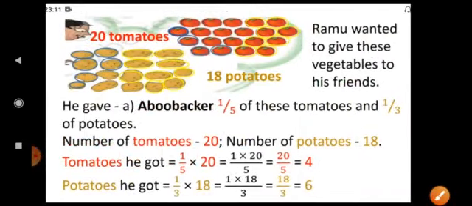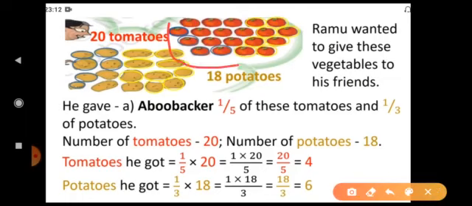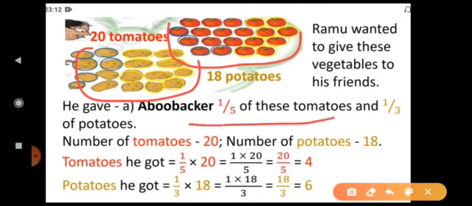Now Ramu wanted to give these vegetables to his friends. Here let us count how many tomatoes are there in the picture. There are a total of 20 tomatoes and a total of 18 potatoes. Now he gave Abu Bakr 1/5 of the tomatoes and 1/3 of the potatoes.